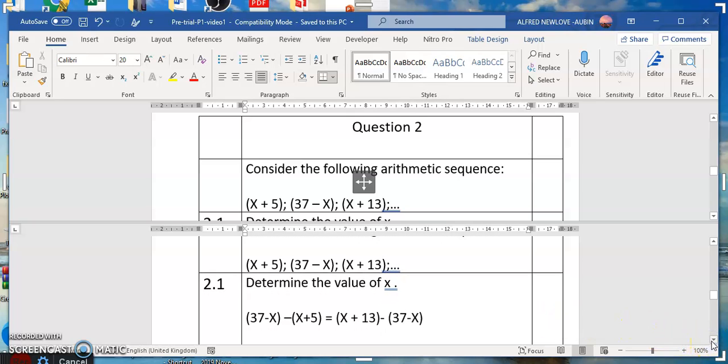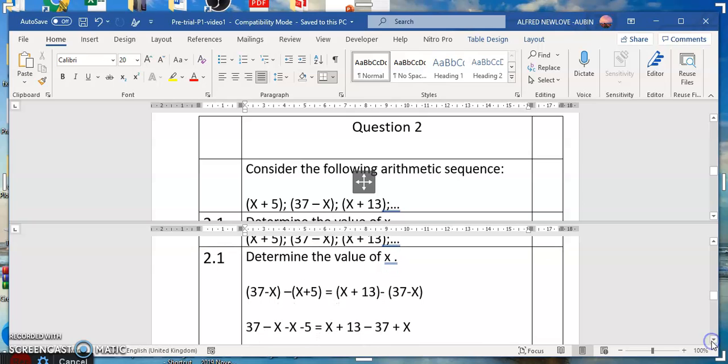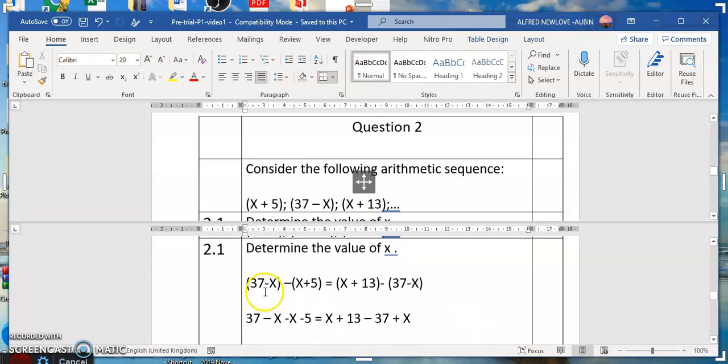Okay, then if we simplify this, this is my 37 minus x, then minus x, minus times plus is going to give you minus 5. Then I've written this one again, x plus 13, then minus 37, minus bracket means times, né? Minus times minus is going to give you plus x.